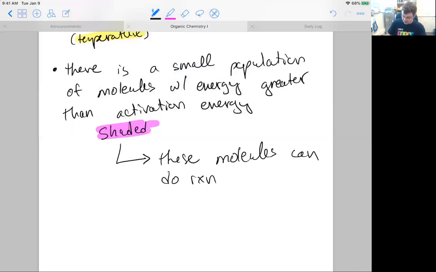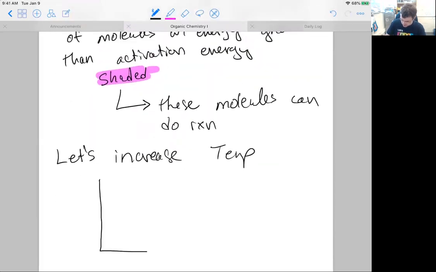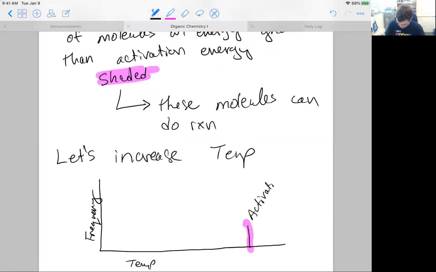But let's increase the temperature. I'm going to draw another frequency distribution where I've got temperature and I've got frequency. The thing that doesn't change is our activation energy line. But we're going to increase the temperature.